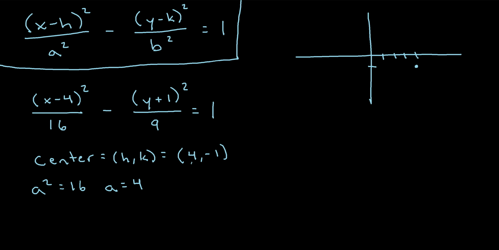If we subtract 4, 4 minus 4 gets us to the point (0, -1). And if we add 4, we get 4 plus 4, which is 8, so (8, -1). These are our vertices.